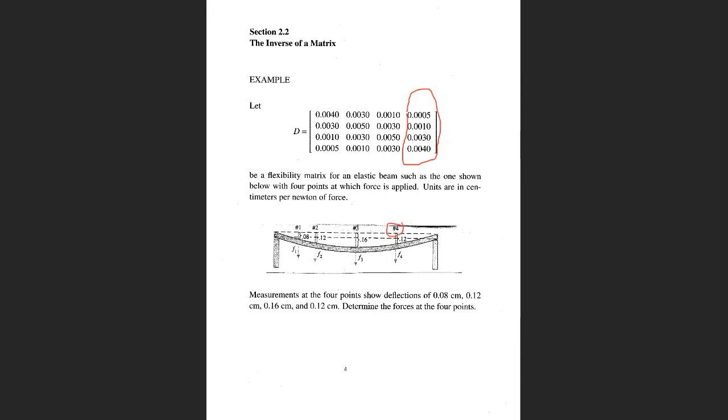There's some force, F4, applied at point 4 on the beam. Looking at that column, which deflection is smallest: at point 1, point 2, point 3, or point 4? That's right, Defani, point 1.